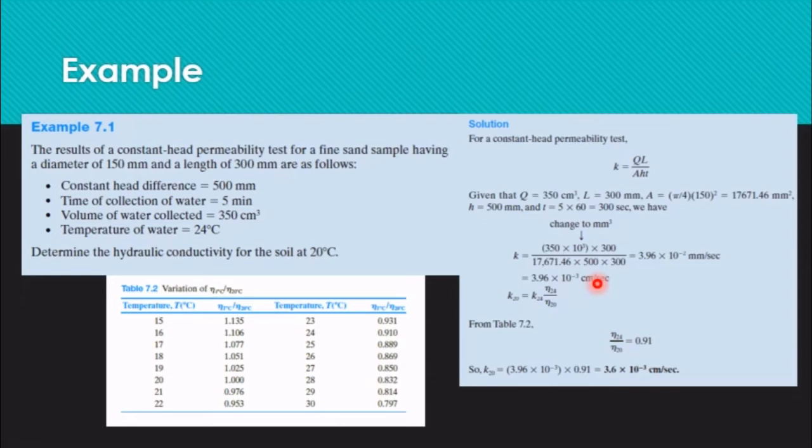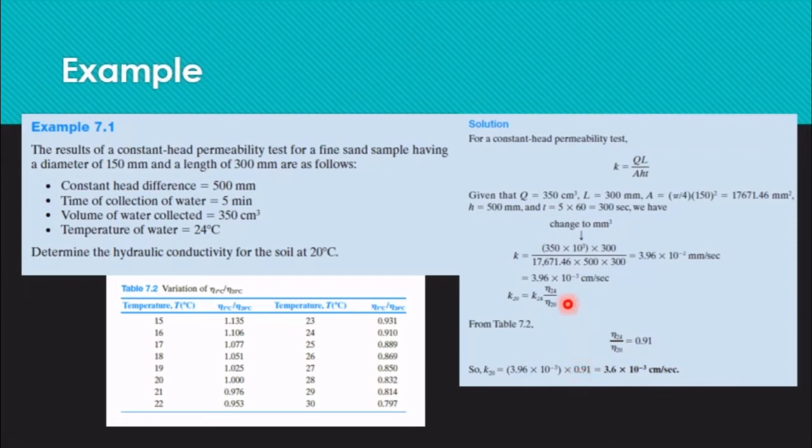To convert the 24 degrees into 20 degrees Celsius, we use this formula. K at 20 degrees Celsius is equal to K24 times the Greek letter eta, probably, eta 24 over eta 20. This is the table. At 24, it is 0.991, that is eta 24 over eta 20. So, multiply the hydraulic conductivity by 0.991. What did you notice?